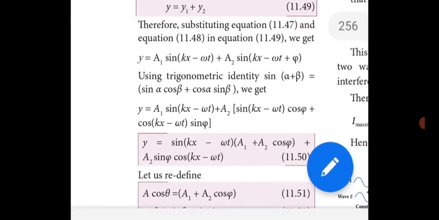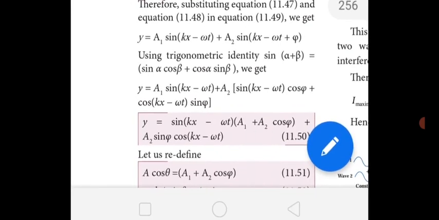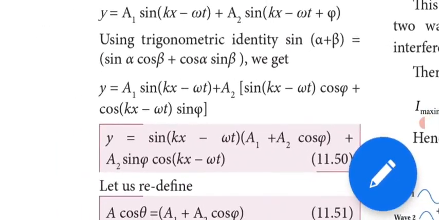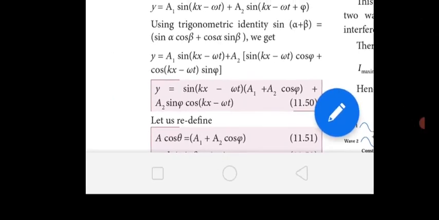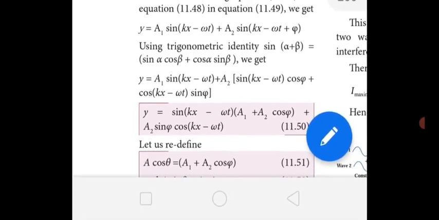You know the trigonometric identity: sin(alpha plus beta) is equal to sin alpha cos beta plus cos alpha sin beta. Expanding with that formula, we get y is equal to A1 sin(kx minus omega t) plus A2 [sin(kx minus omega t) cos phi plus cos(kx minus omega t) sin phi].